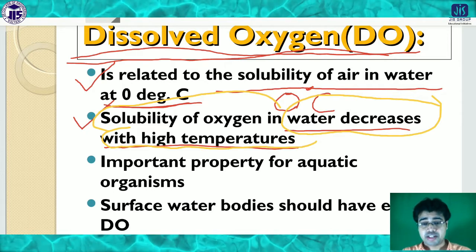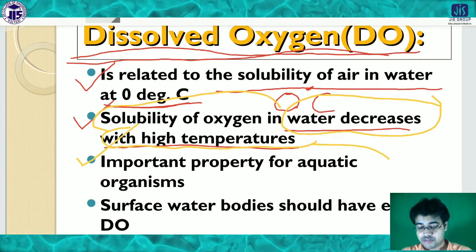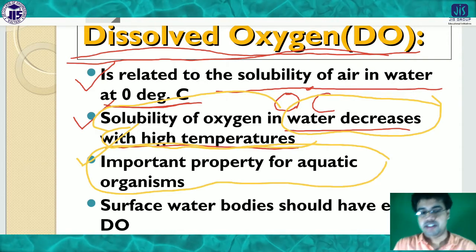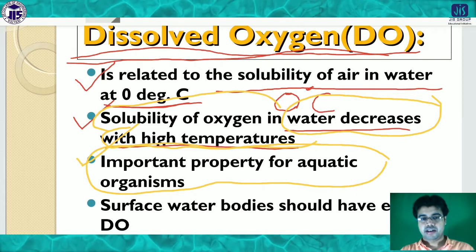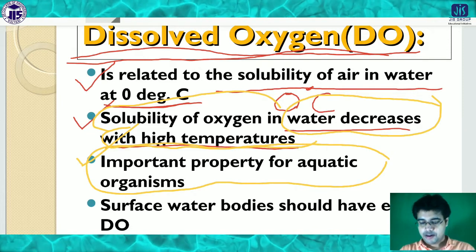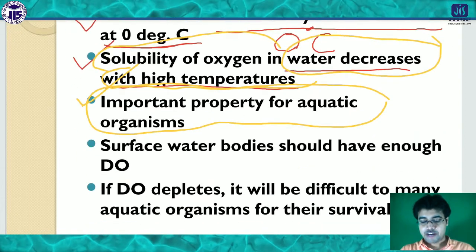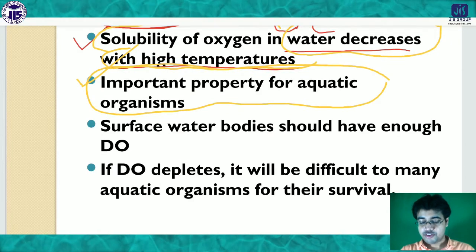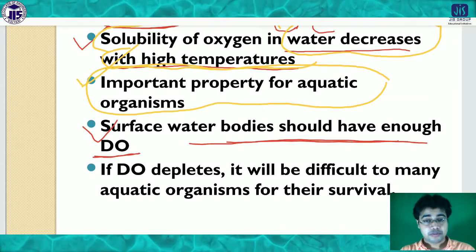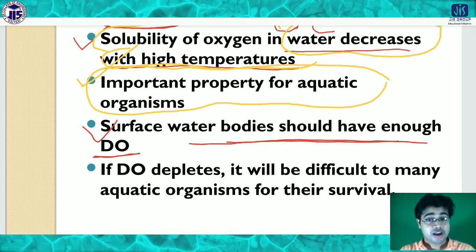Dissolved oxygen is a very important property for aquatic organisms, because without dissolved oxygen, aquatic life can't live. Aquatic life depends totally on dissolved oxygen. Surface water bodies should have enough dissolved oxygen. This is very much required.